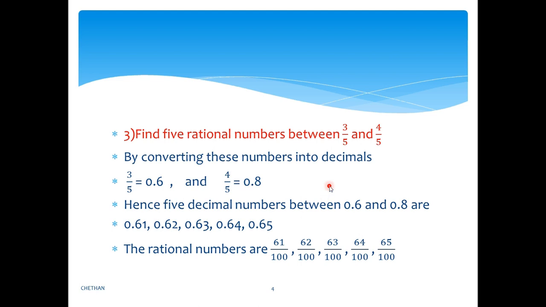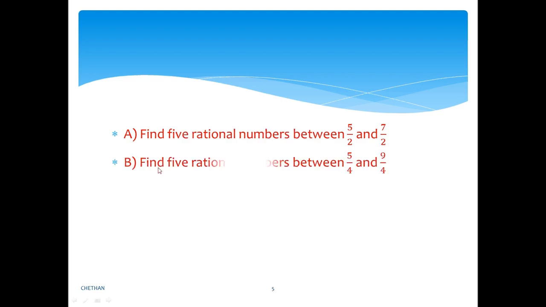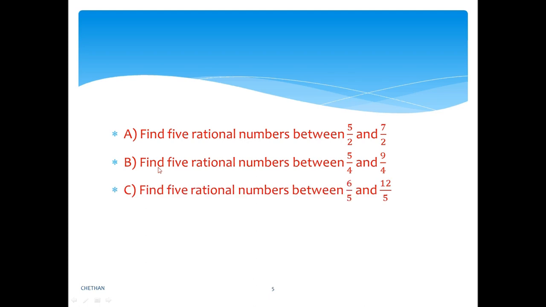Do you understand this? Yes. Move on. On the basis of this, you have to do these problems. We are having 3 problems here. Find 5 rational numbers between these pairs, including 5 by 2 and 7 by 2.